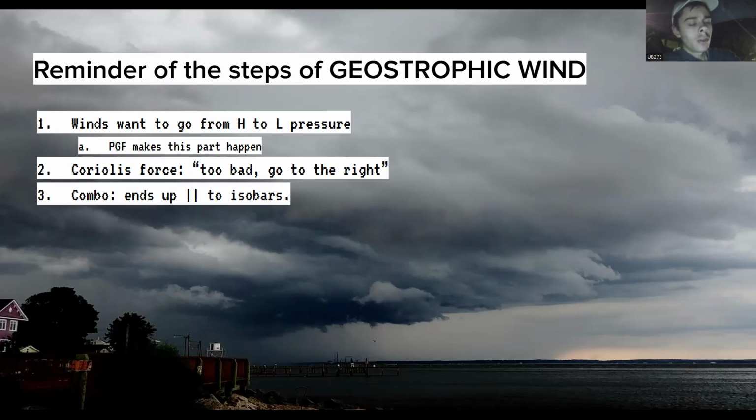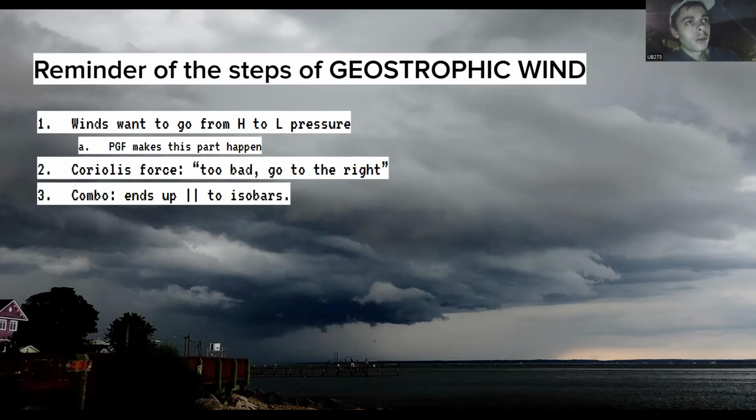So the steps are that in the first place, winds always want to go from high to low pressure. And the pressure gradient force is what makes that happen, right? Well, we also have the Coriolis force because the Earth is rotating. And it's like, too bad, deflect to the right. Now that's in the northern hemisphere, okay? Be careful about that.